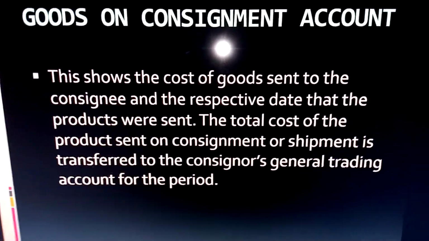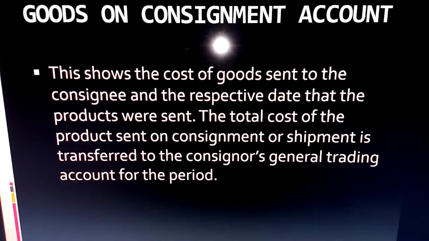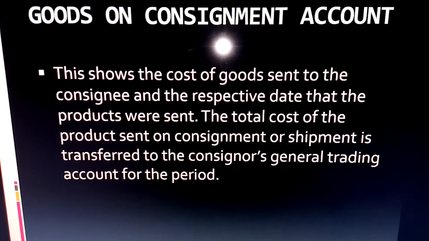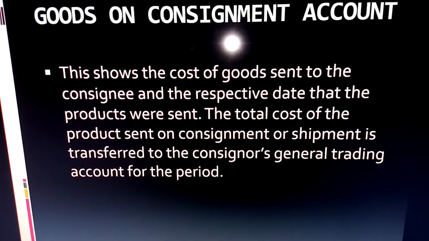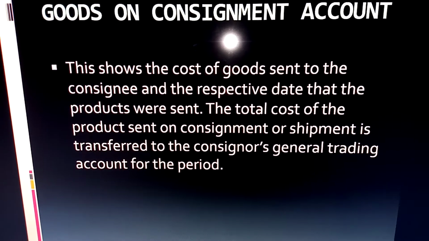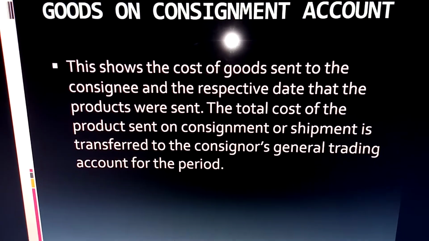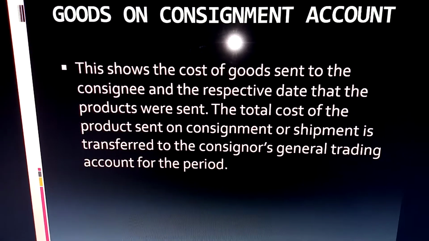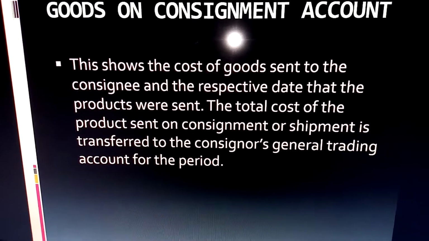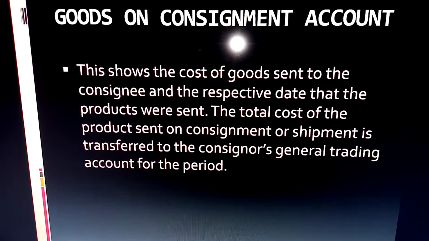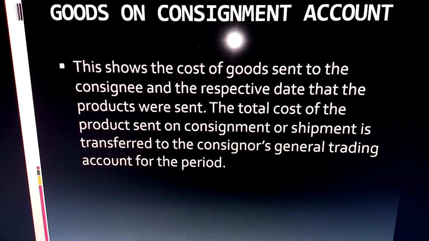Now, one of the accounts prepared is what we call the goods on consignment account. What we are trying to achieve with this account is to know the cost of the goods sent to the consignee. Eventually the cost of the goods will have to be transferred to the trading account, but we have to know the cost of the ones that have been sent to the consignee, the agent.